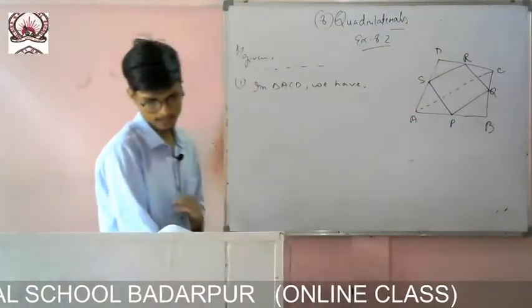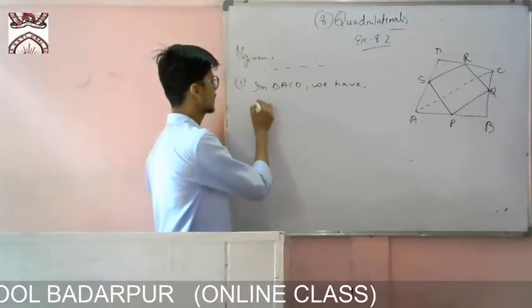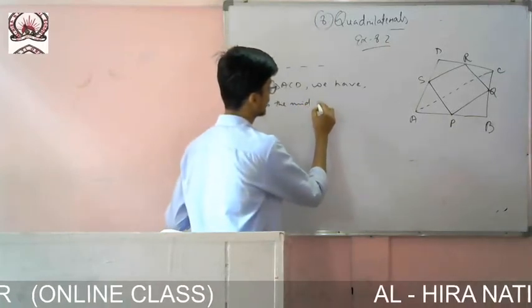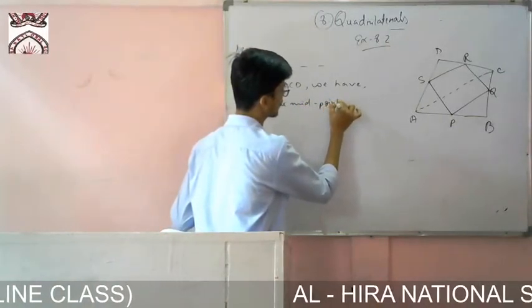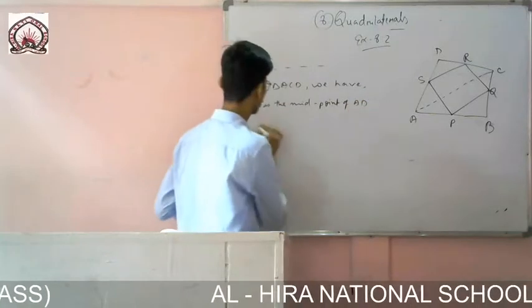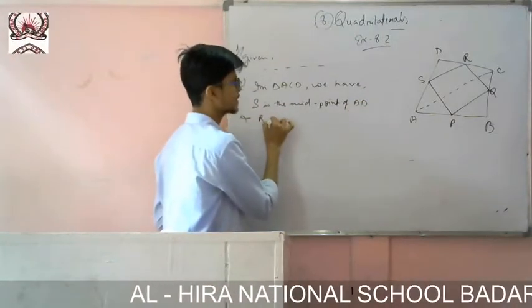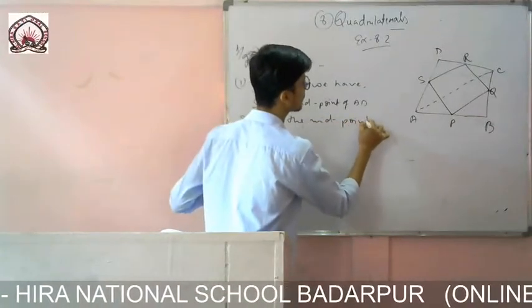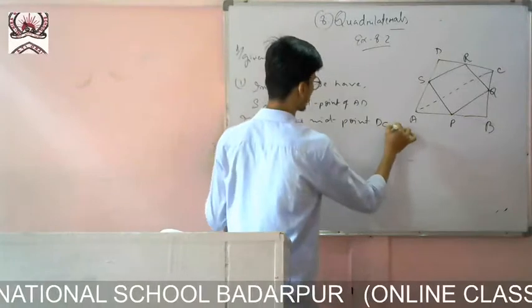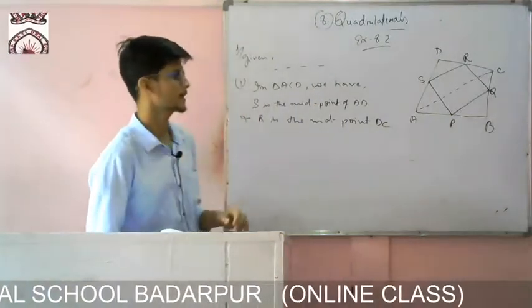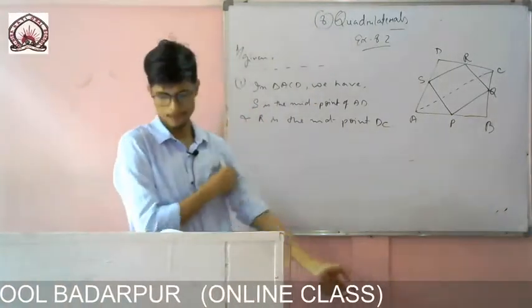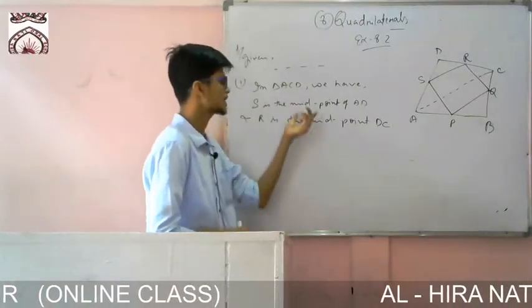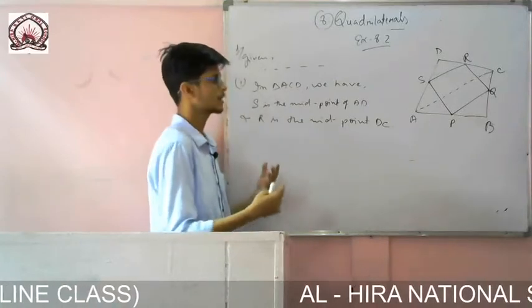It is given in the question, S is the midpoint of AD and R is the midpoint of DC. I have not written from my own. This is there in the question.